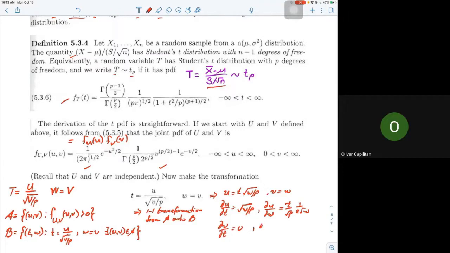The partial derivative of V with respect to W will be equal to 1.